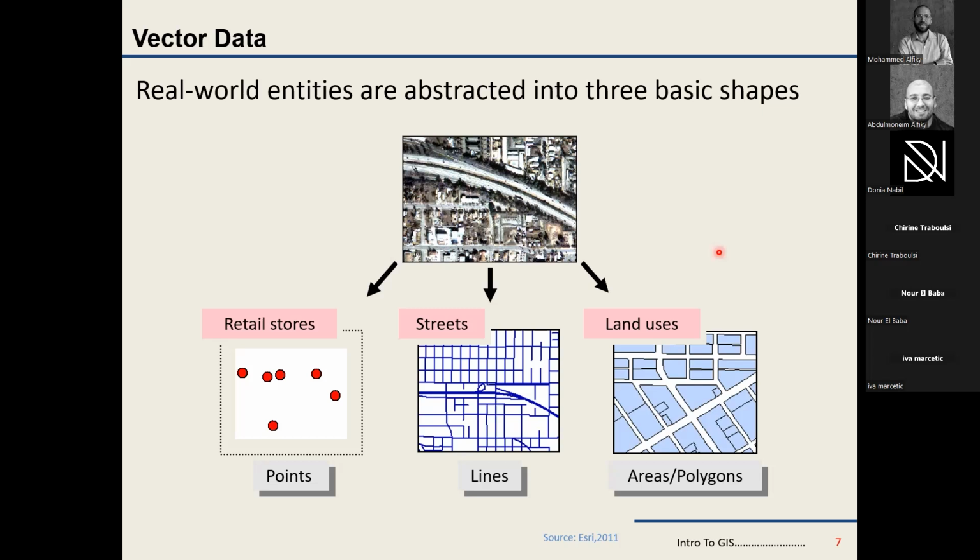So what would appear on the map changes. Based on the level of detail that we want to show on the maps, we make the decision, are we going to use points or lines or polygons for it.